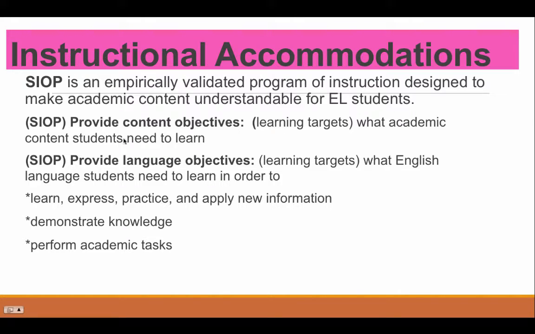So again, you have a content objective, which is your academic content, and then you have a language objective, which is the language that students will need in order to accomplish the academic content. So if you want students to learn and express and demonstrate knowledge and perform tasks, what English will they need in order to do that? And the best way to find that language ability or level is to look to your Can Do standards.